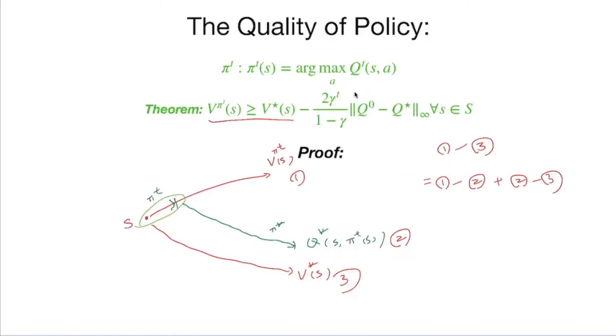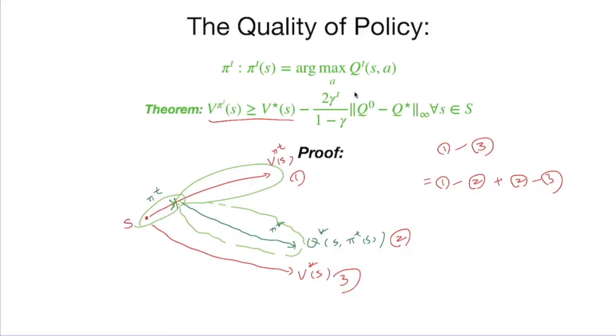Then we get to the situation where we compute the difference between this segment and this segment. I'm reasoning about the difference between 1 and 2, and we realize that they follow the first action from policy pi t, so the first segment goes away. What I'm left with is the difference between these two new segments.